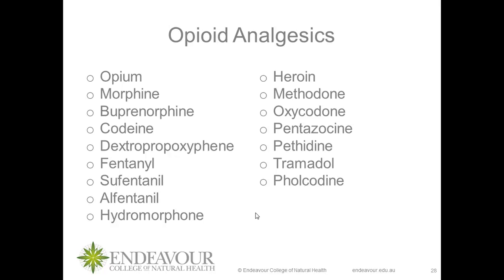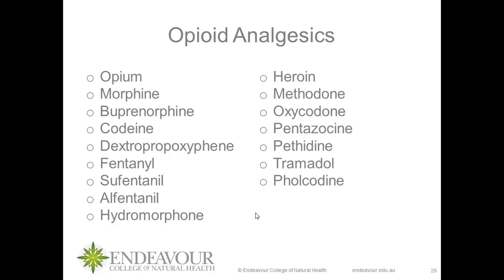So for example, the classic example of something that's an opiate is opium. Here we mean anything that comes from the opium poppy. That's an opiate. Then we may have a lot of substances that are not related to the opium poppy, but work at the same receptors as your endorphins and enkephalins, your endogenous opioids.